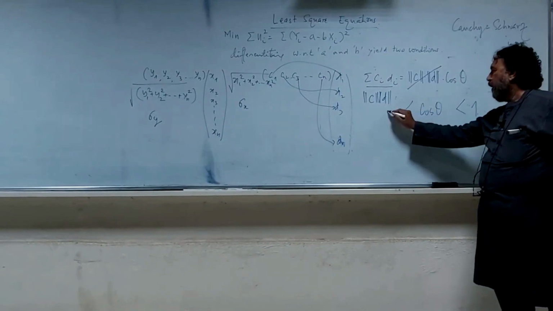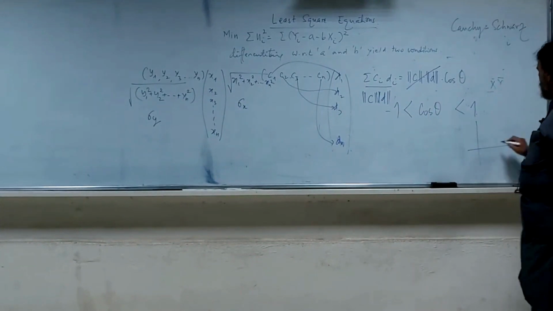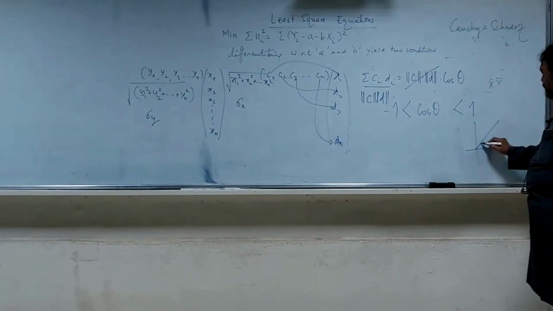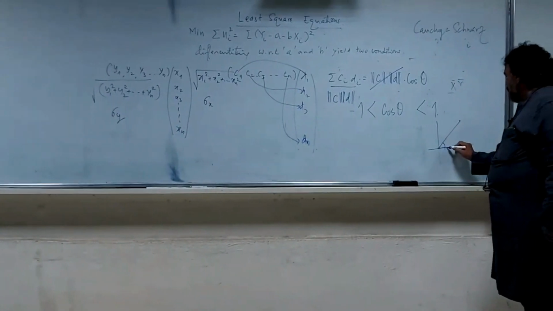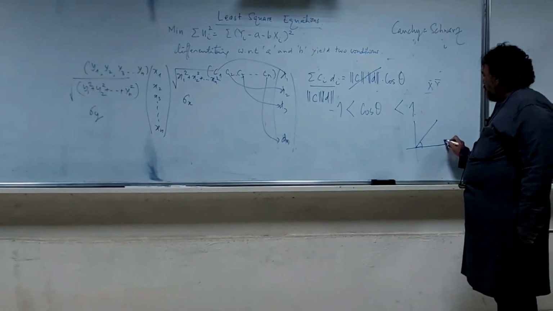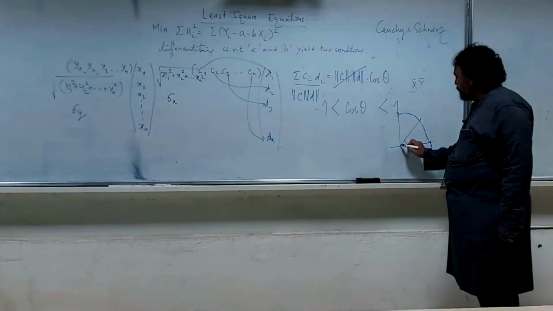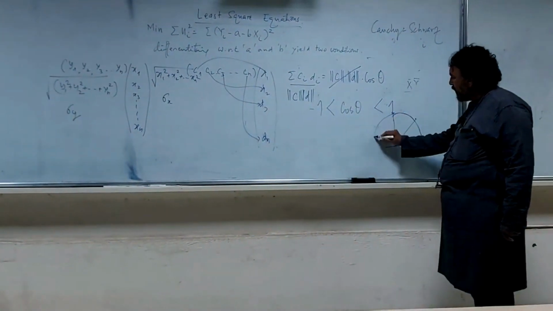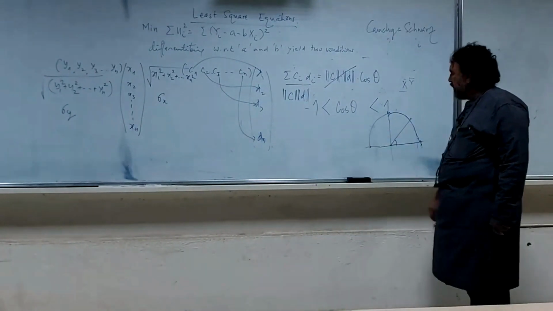+1 and -1. If you take up any angle, for example, this is the angle. When this point is here, cos will be equal to 1. We keep on increasing the angle, it goes to 90, then cos will be 0. Then we go further, we reach 180, that means pi.